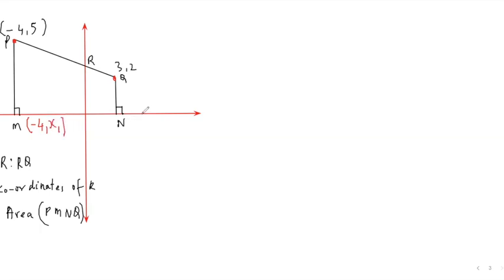And N will be 3 comma x2. Because they are perpendiculars, their x coordinates will be the same. You understood this concept? Yes, sir. This is -4 and this would be 3.